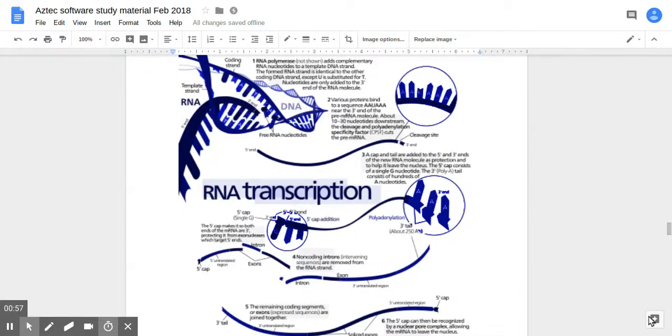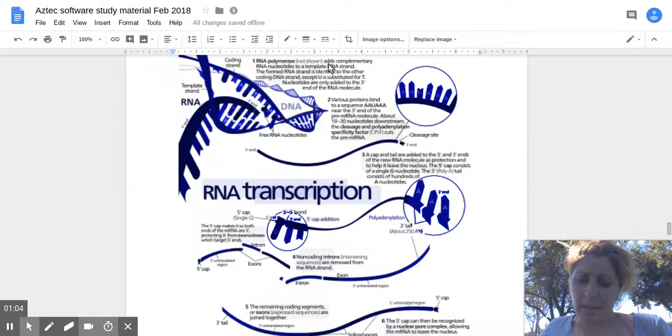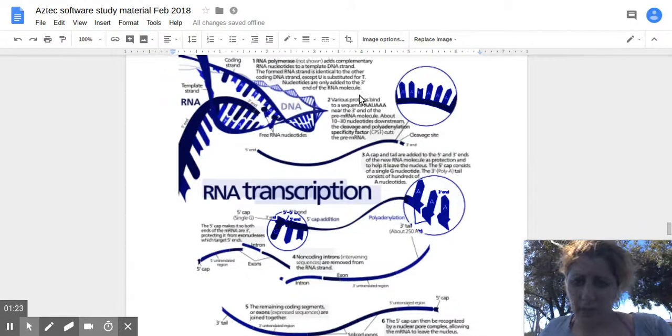Not sure why it's not working. It says RNA polymerase adds complementary RNA nucleotides to a template DNA strand. The formed RNA strand is identical to the other coding DNA strand, except for uracil is substituted for thymine, I believe.